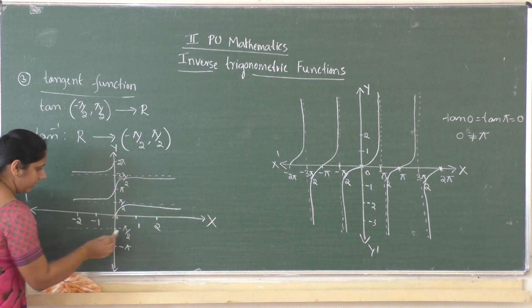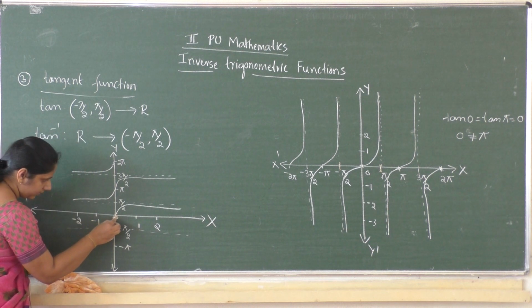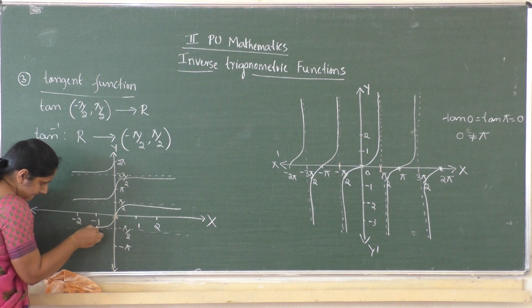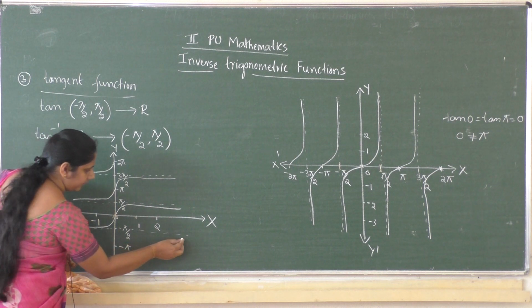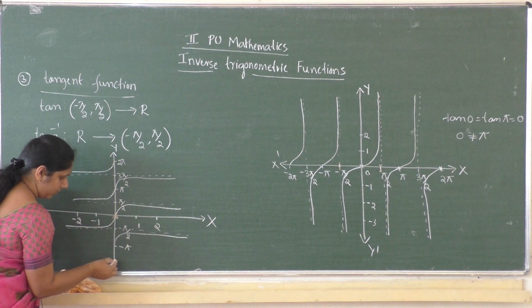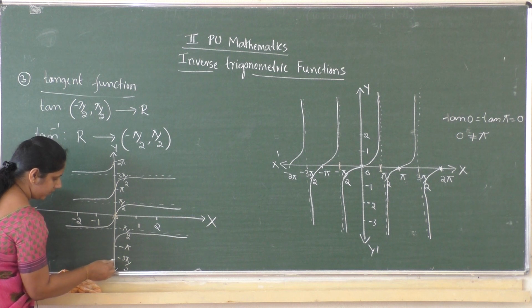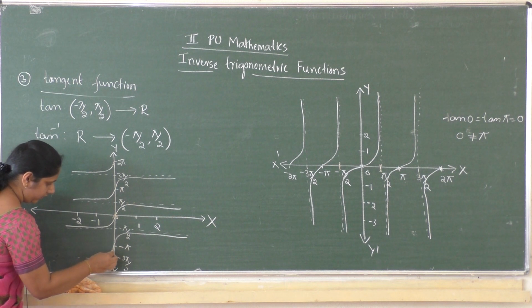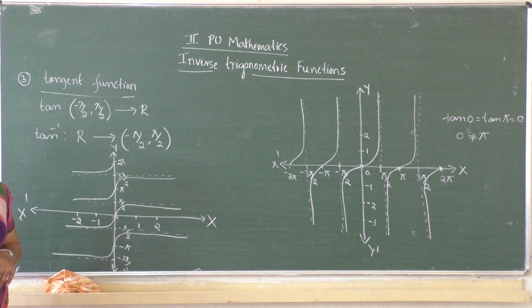Now along the negative side of y, here it is minus infinity. Next plus infinity to 0. Suppose if I get here minus 3 pi by 2, the graph looks like this. So this is the graph of tan inverse function.